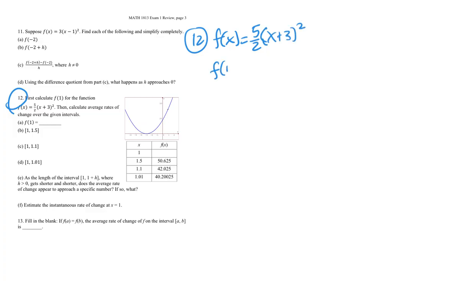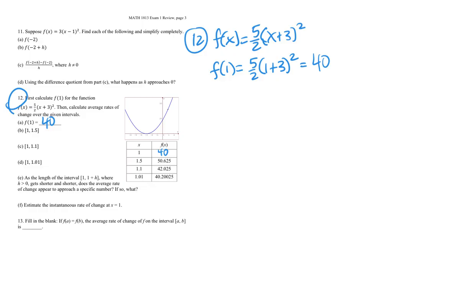And so f of 1 would be 5 halves times 1 plus 3 squared, which gives us 5 halves times 4 squared, which is 40. So we can put in 40. Okay, so that goes here.